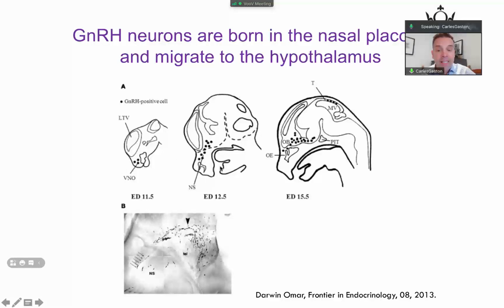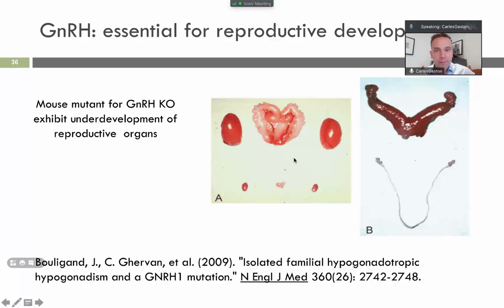which summarizes the production of these neurons during development. Gonadotrophin releasing hormone is essential for reproductive development. Using mouse technology, the knockout of GnRH or mutations in the receptor lead to abnormalities of the reproductive tract.